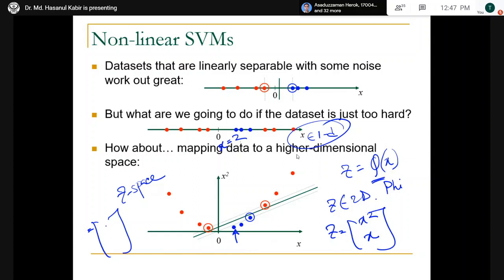So don't you think it's going to be 4, 2? Yes. And if I plot it in this z space, is it going to be one dimensional or 2 dimensional? 2 dimension. And if I do it for all the points, don't you think that all the points will now be in the 2-dimensional space?